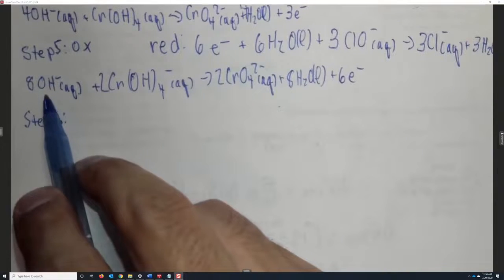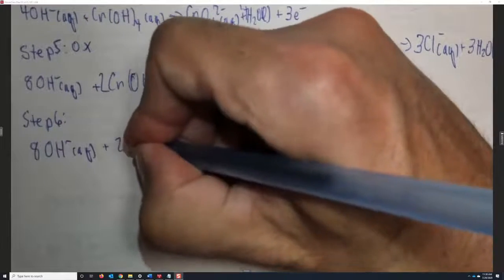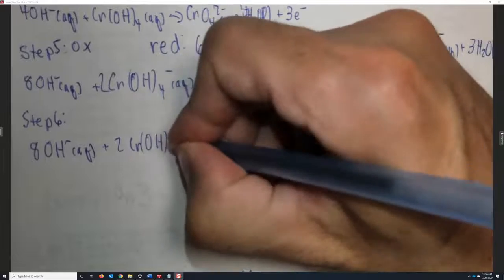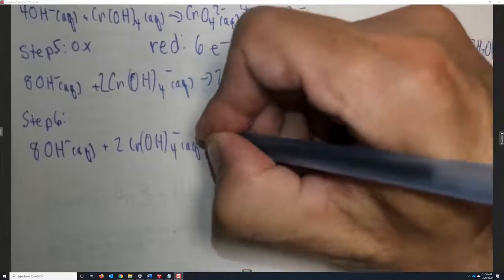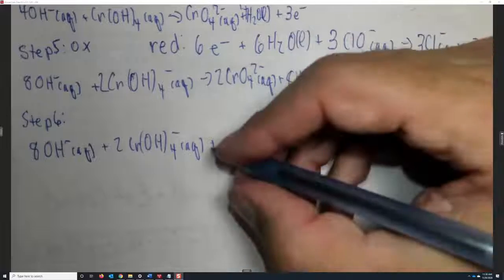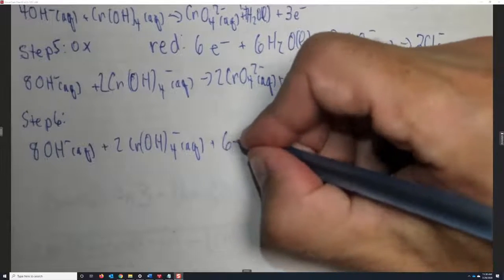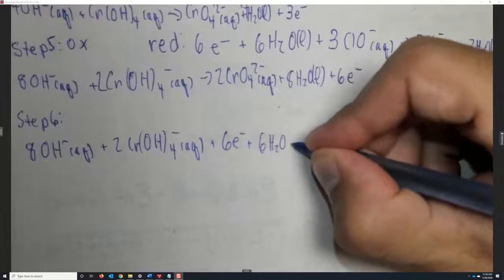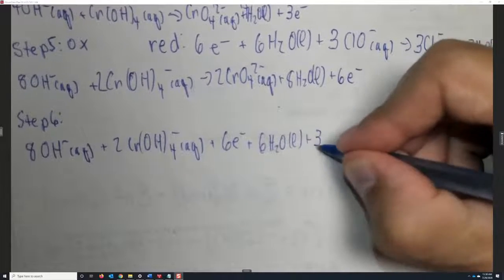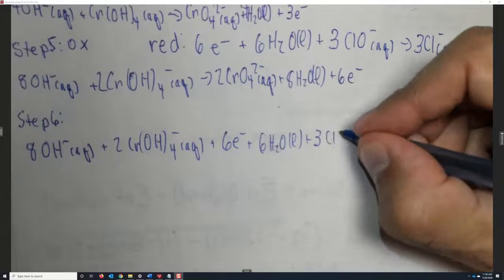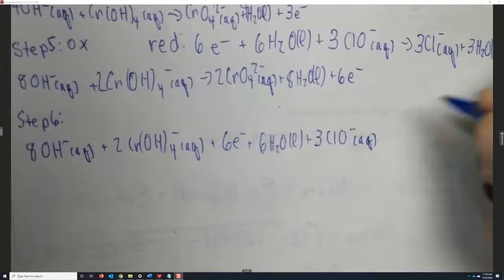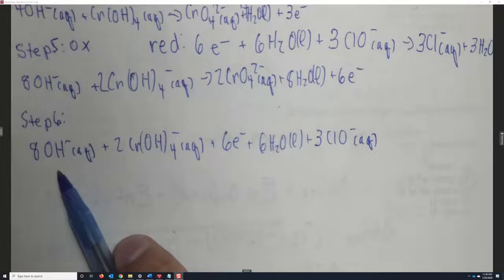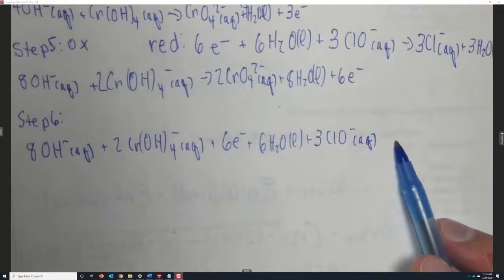So I'm going to start with the oxidation reaction. 8 OH minus aqueous plus 2 CrOH4 minus aqueous plus, now I'm going to the other one, the reduction, 6 e minus plus 6 H2O liquid plus 3 ClO minus aqueous. All right, so I've written all of the reactants on a single reactant side.